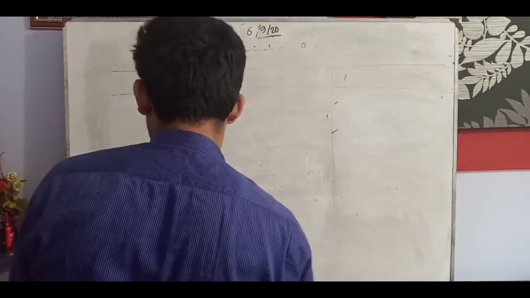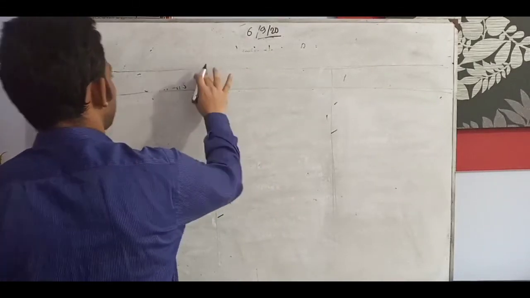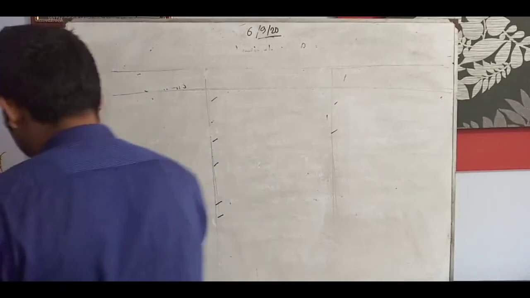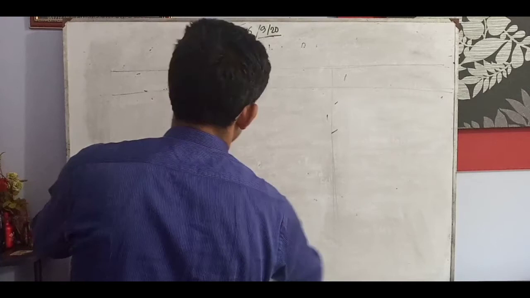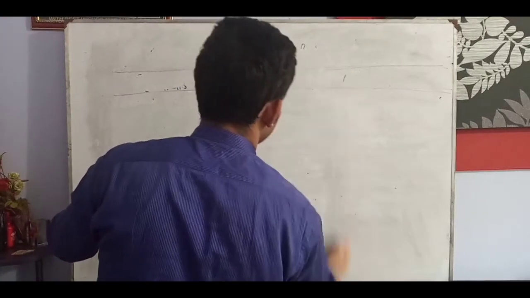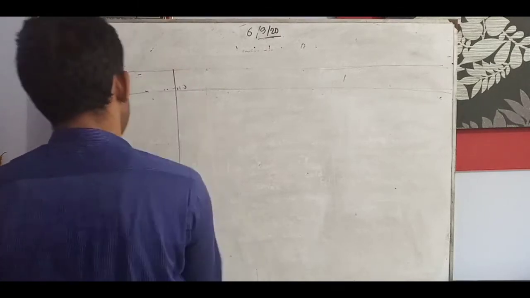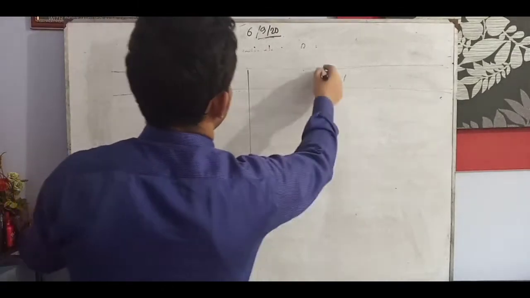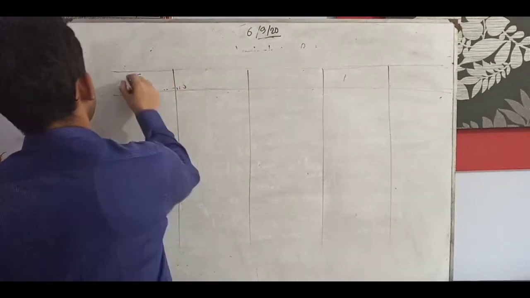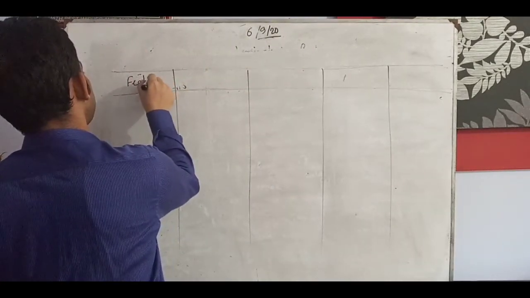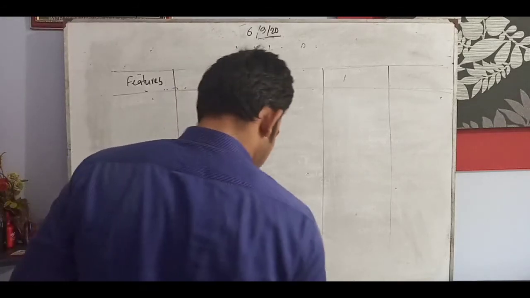We will make 5 boxes like that: first, second, third, fourth, fifth. The first one will be the features. The second one is the sepals.